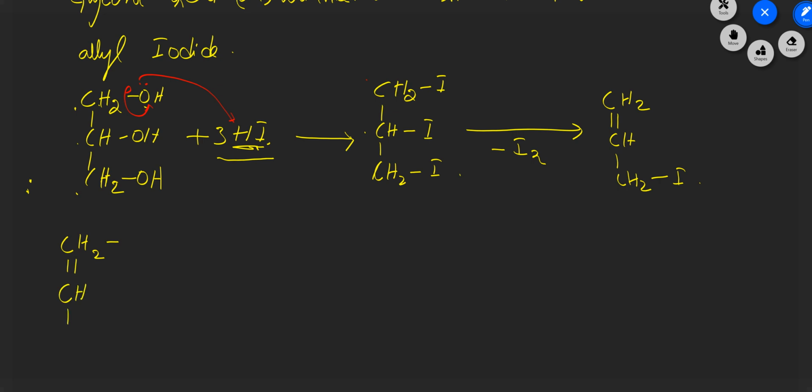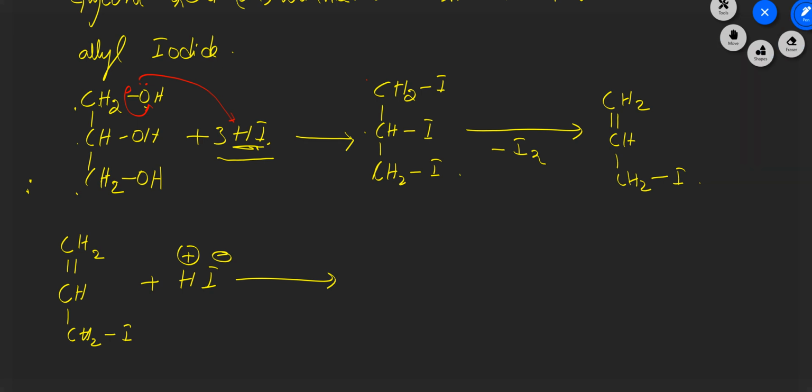I am reacting with HI. It will form H plus as well as I minus. Now see, which side is the double bond going to move? The double bond is going to move upwards.